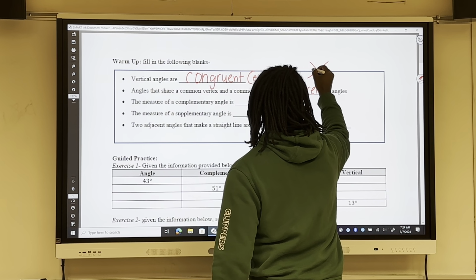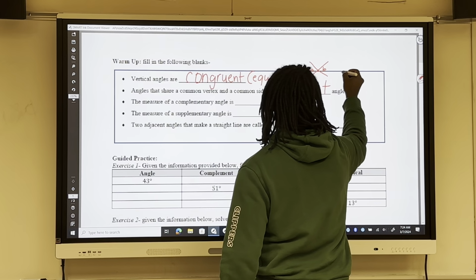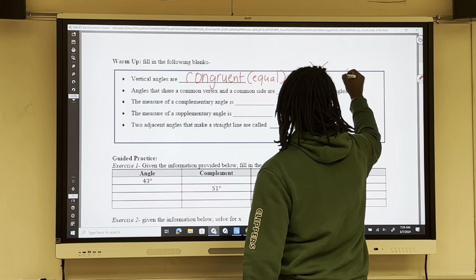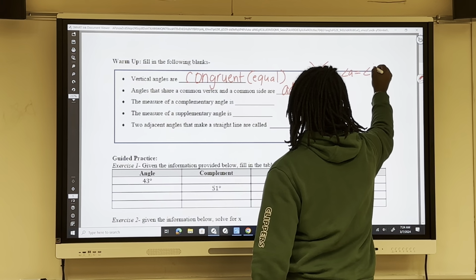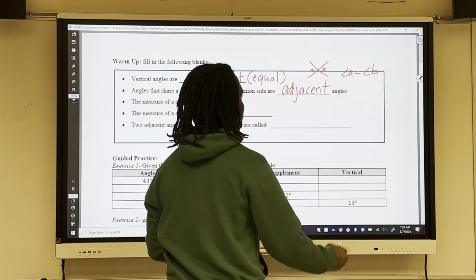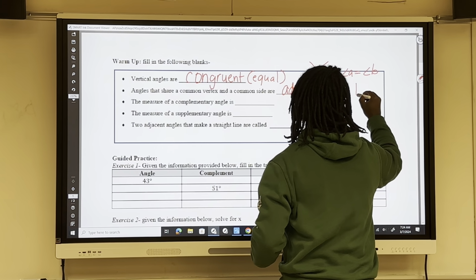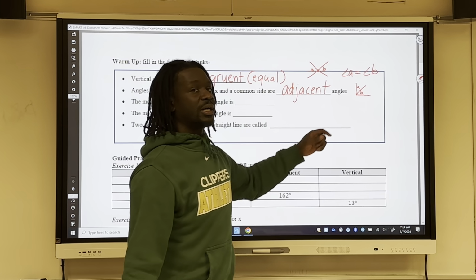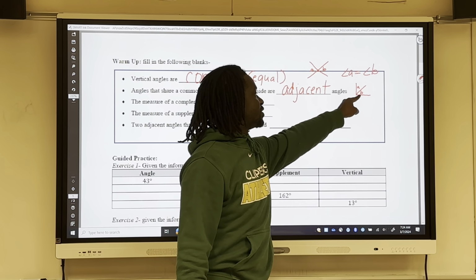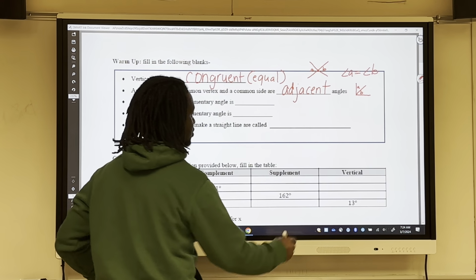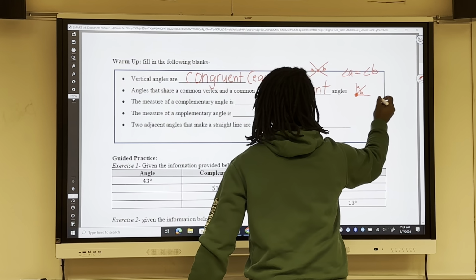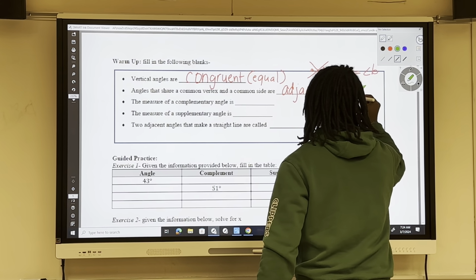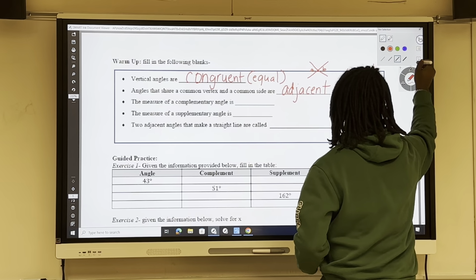Again, this is angle A and angle B. In this case, they are equal, so angle A is equal to angle B. And then adjacent angles is when you have angle A, angle B. These are adjacent because they share this point right there, and then they also share this side right there. That's what makes them adjacent.